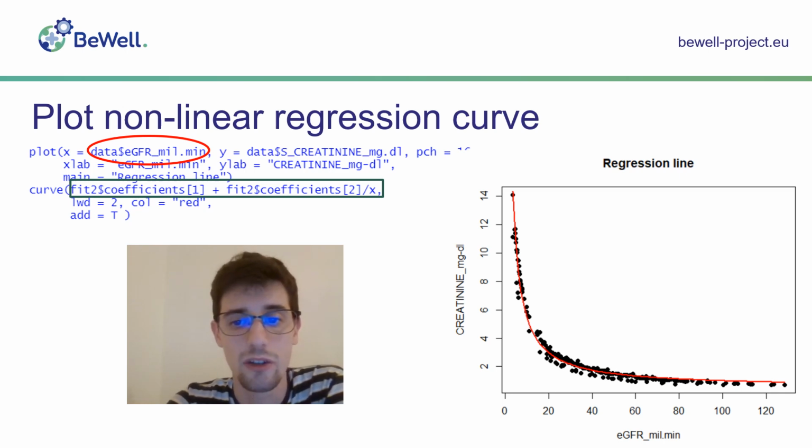However, since the relationship is not linear, we can no longer fit the regression line using the usual abline command, but we need to fit a curve. This is done using the curve command as reported in the slide. As you can see, the regression curve now perfectly fits the cloud of points, much better than our initial solution.